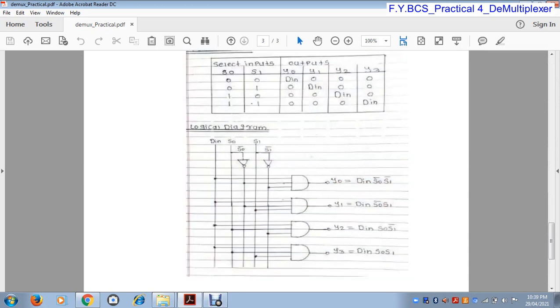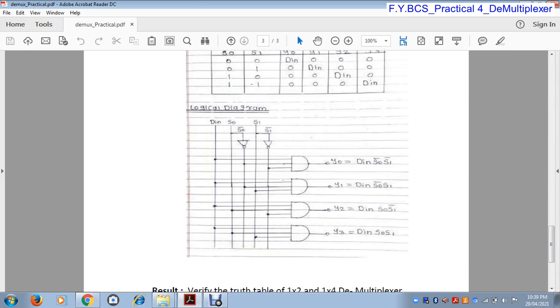So first is D in, next is S0, and the third one is S1 bar. For Y3 the equation is D in, S0, S1. The first input is D in, the second is S0 and the last is S1.